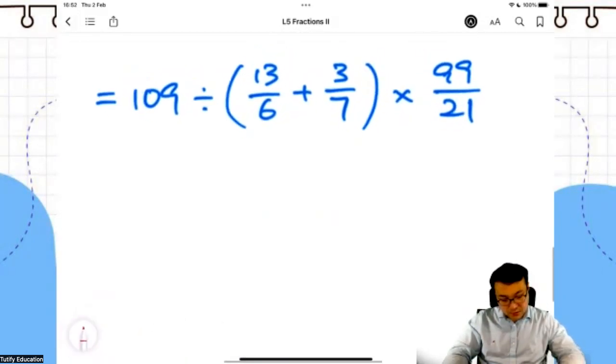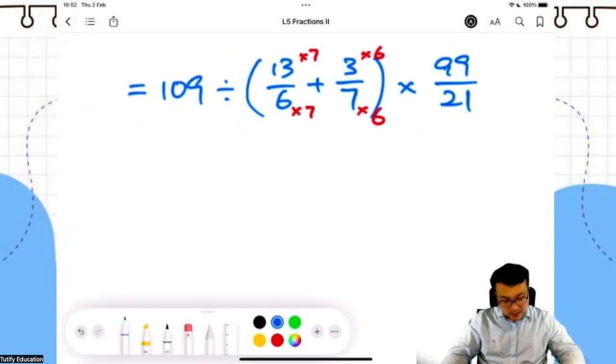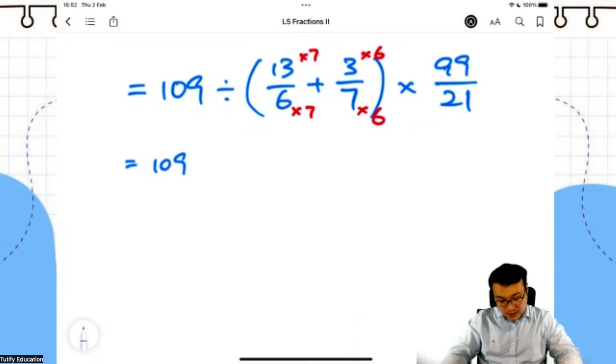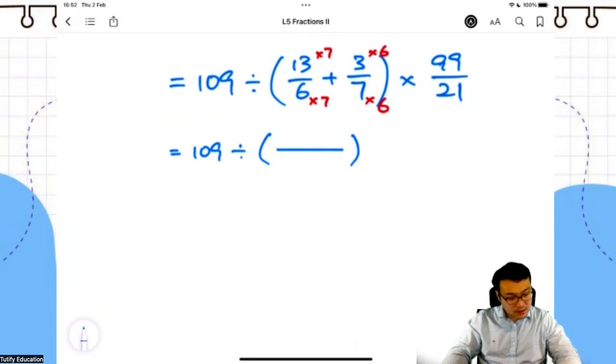Okay, so what should we do to this? 6 times 7. Yes. And then 7 times 13. And 7 times 6, you get 42. Okay, let's do it. So we have 109 divided by... Okay, we already know that the denominator is going to be 42.